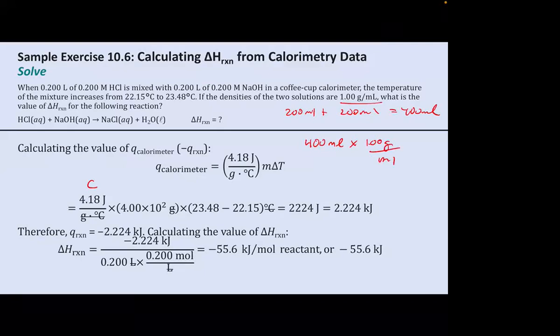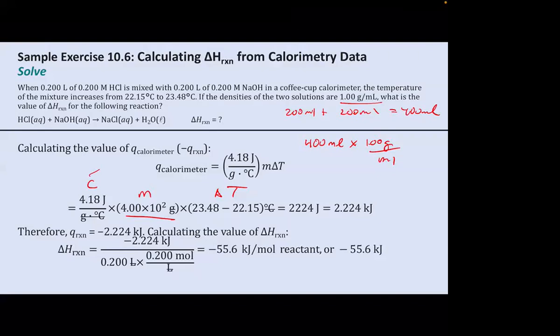That's my M. That's my delta T. And we're just using water, even though you've got HCl and sodium hydroxide, the solvent is water. The C doesn't change much. You don't have to worry about that. You just use the C for water, the same one we've been using all along.